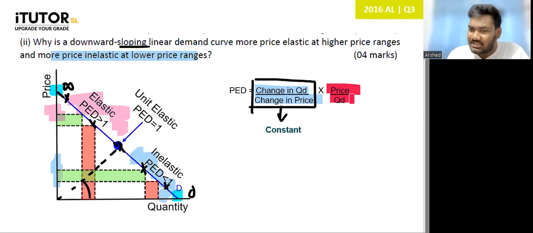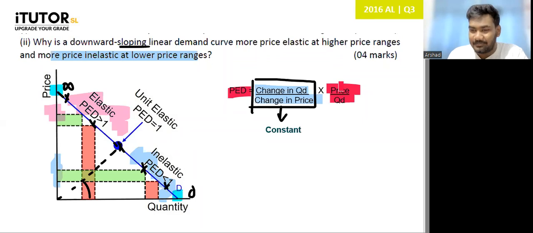Because this is changing only, the PED changes. Because at every given point, slope is the same. Go back to your theory notes, guys. Theory revision people, recordings are there. You other people also. Definitely it's there in whatever notes you're studying. You will see when you calculate PED at each of these points, this slope doesn't change, but this price to quantity ratio changes.